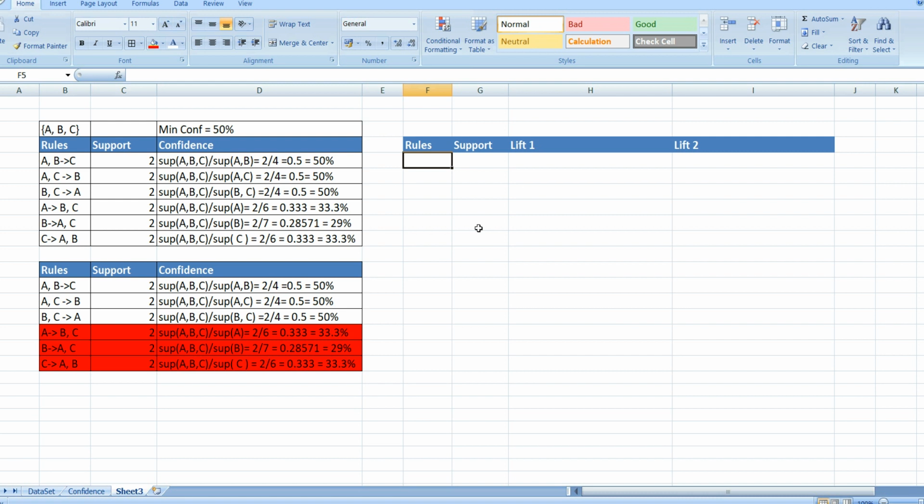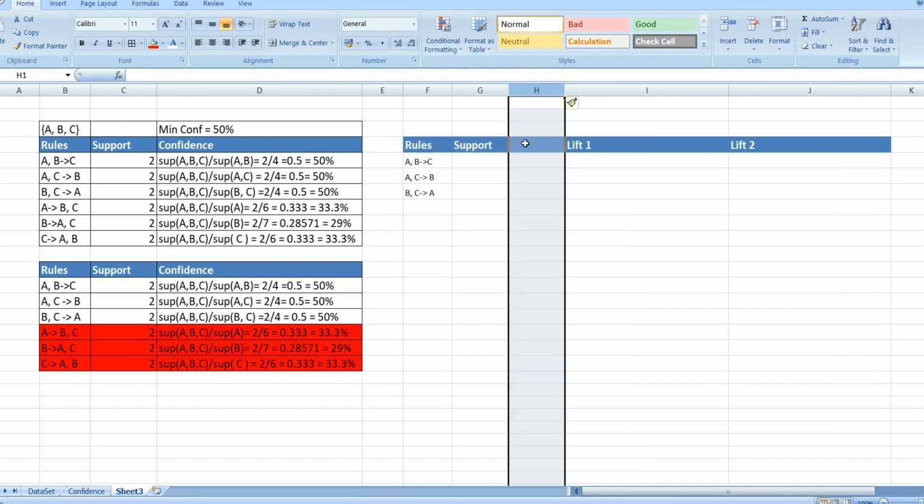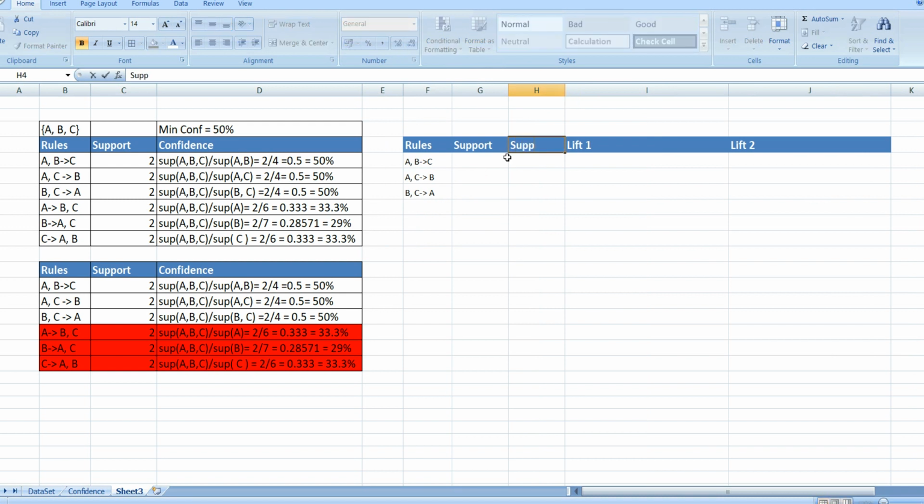Let's start with the rows that we already have, where we have A and B driving C, and the other one that we have is A and C driving B. The other one that we have is B driving C, B and C driving A. These are the results that we have from the previous calculations, and their support I would prefer again to put another column where I say support 2, where we have got support 1.